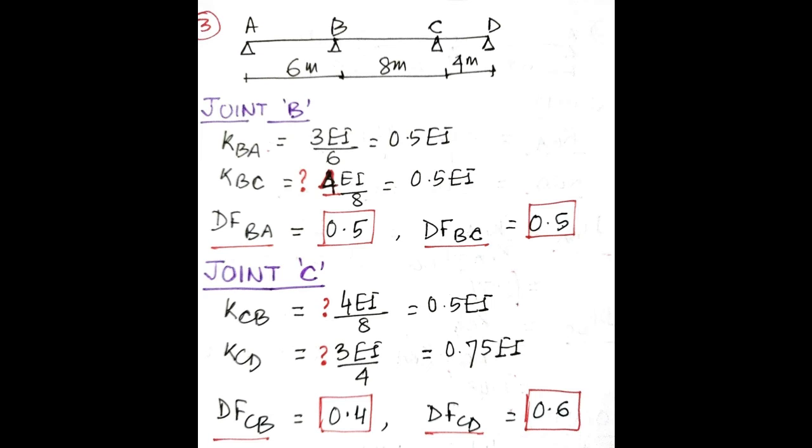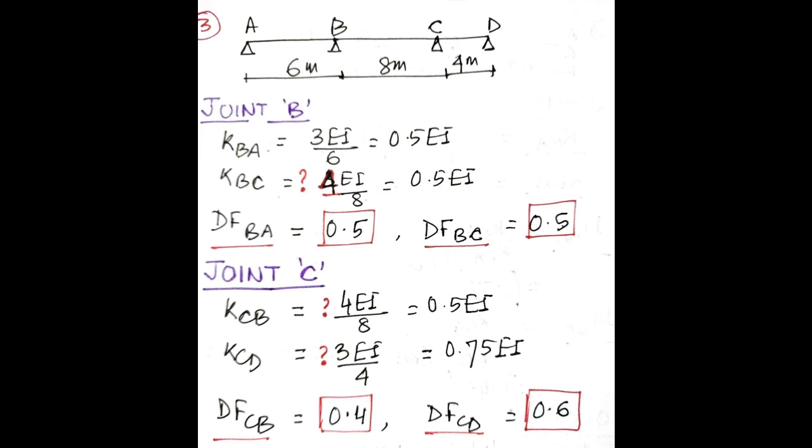Now let us concentrate on joint C. So at joint C, while we are writing CB, in this case the stiffness factor will be 4EI by L. Again, think on it. Why? Because B is not the extreme left support. Beyond B there is another support A. For that reason B is acting as if it is a fixed joint, because it has a strong hold because of the existence of A. So that's why it is 4EI by L. Similarly for CD, D is the extreme right joint.